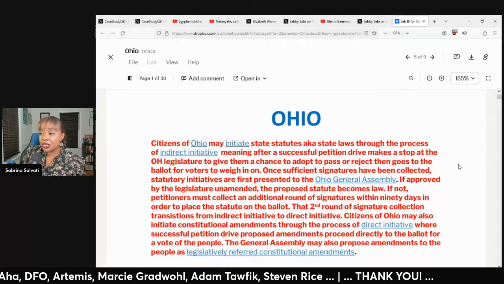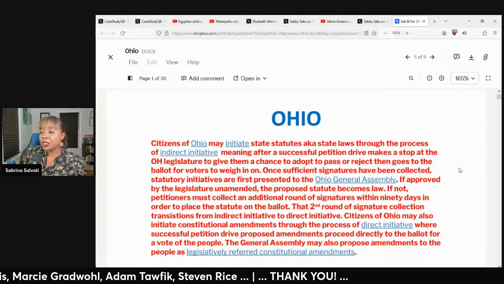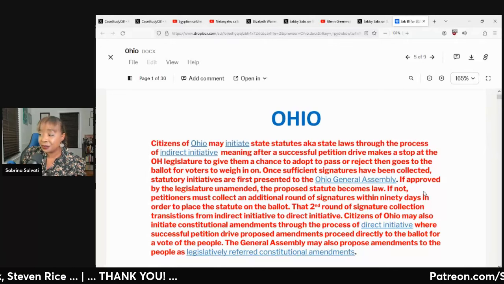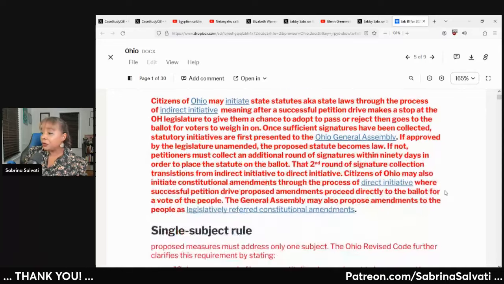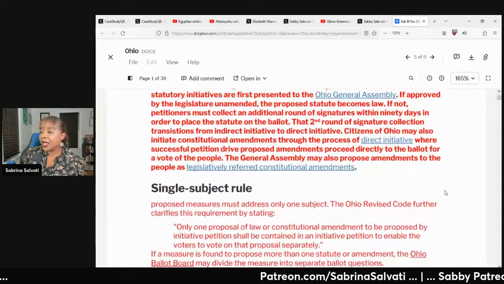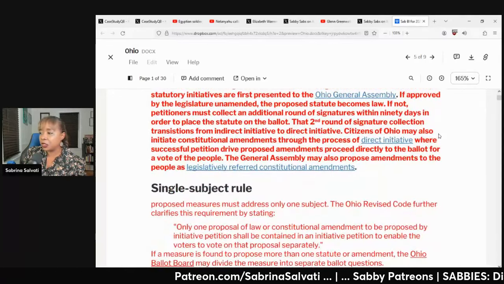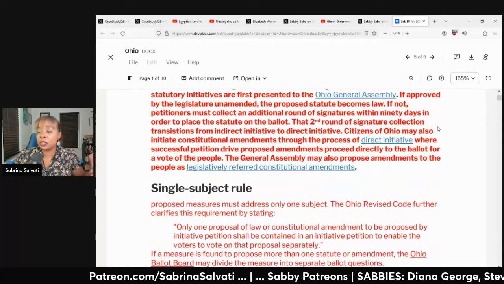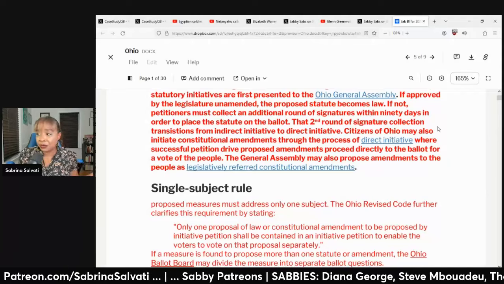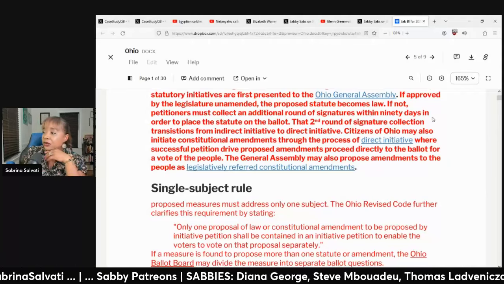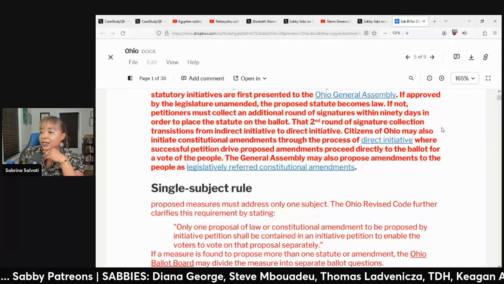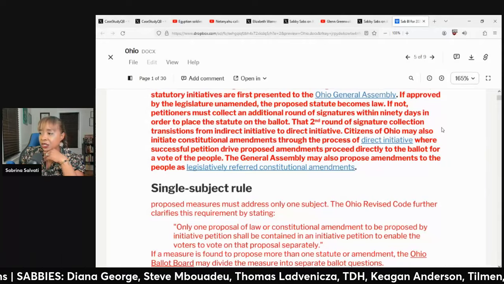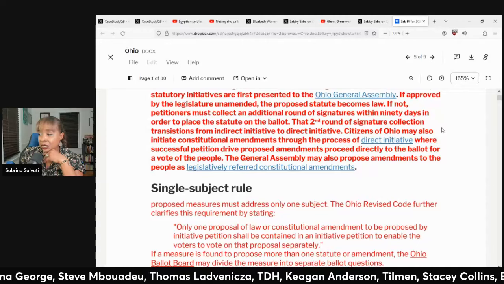Once sufficient signatures have been collected, statutory initiatives are first presented to the Ohio General Assembly. If approved, petitioners may collect an additional round of signatures within 90 days in order to place the statute on the ballot. That second round of signature collection transitions from indirect initiative to direct initiative.